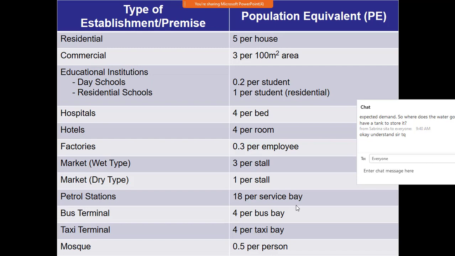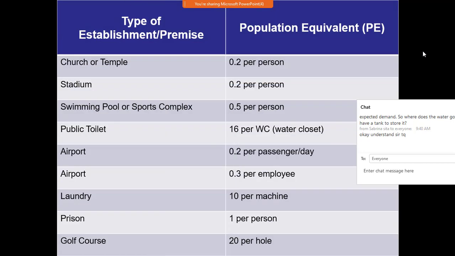This is the first part of the table, and the second part of the table is over here. It shows for each premise or establishment the equivalent PE, the population equivalent that is used to calculate or estimate the generated amount of wastewater.